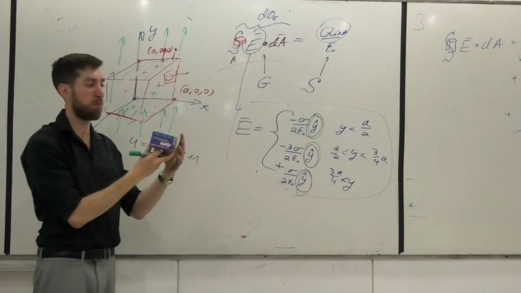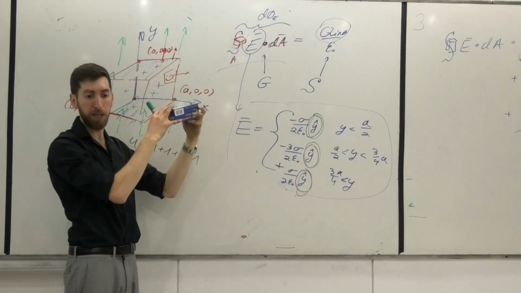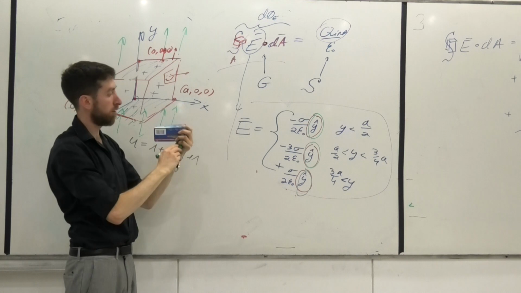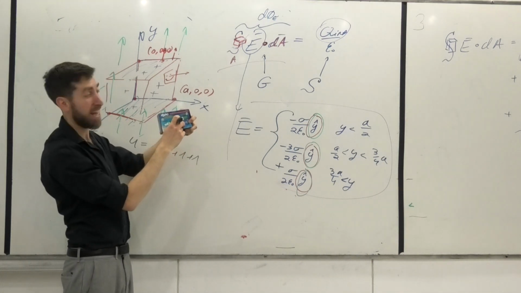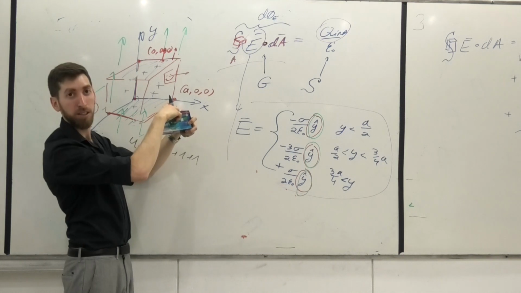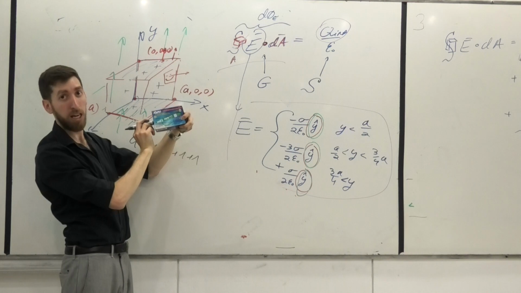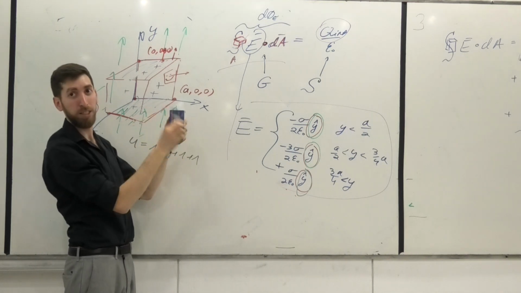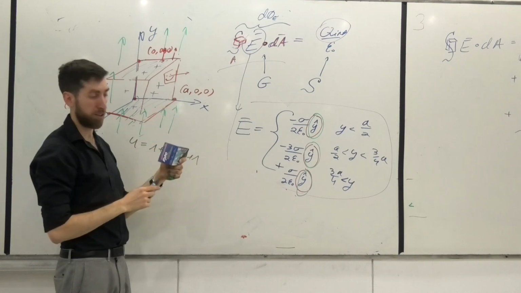It should be a cube. dA, smiley, pointing that way, and the electric field pointing that way, only in the Y. For this wall, the angle is 90 degrees.